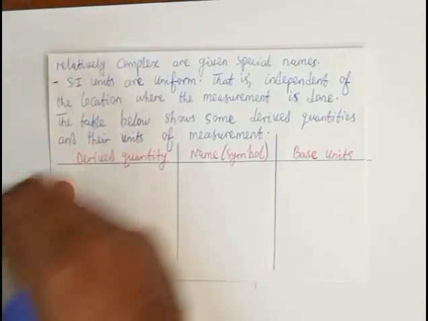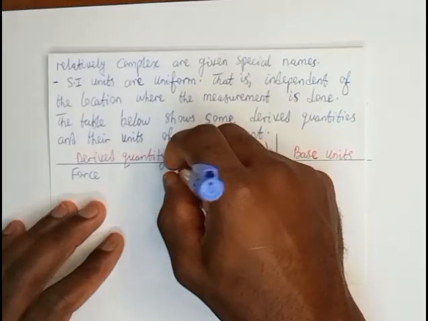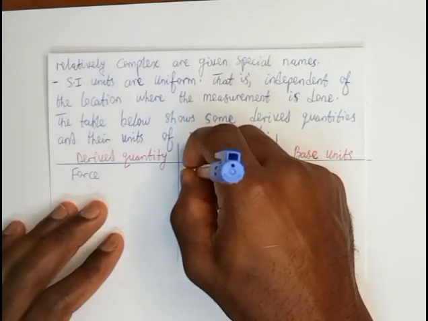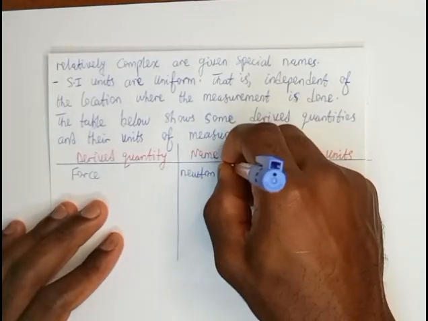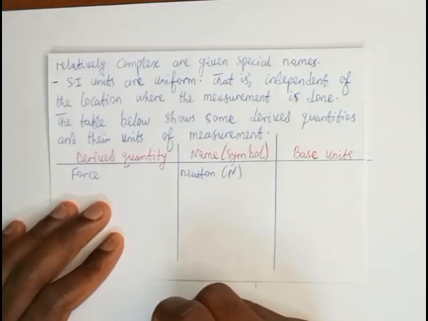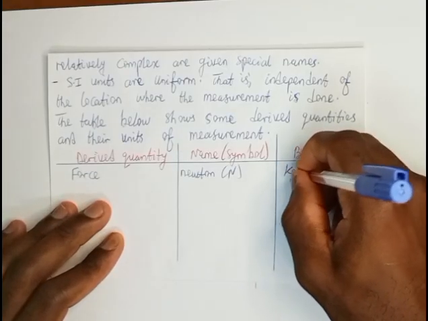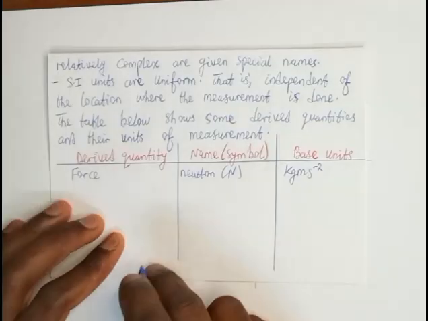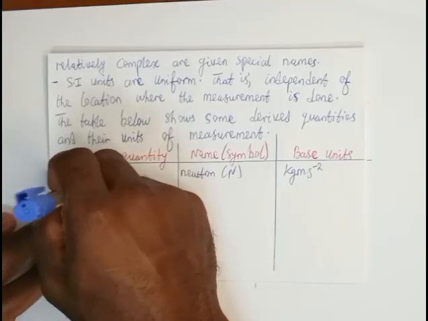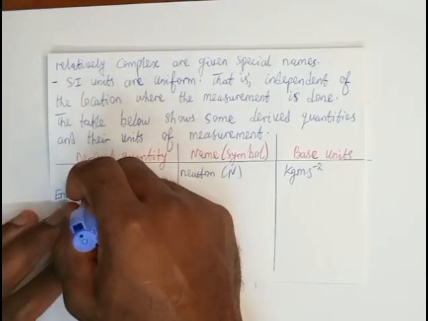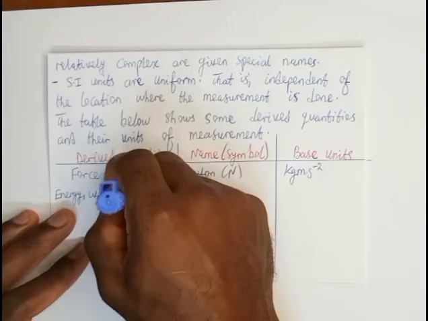We take the first one. We have force. The name we have a newton with symbol uppercase N. The base unit we have a kilogram, meters per second squared. Next we have energy, work, heat.